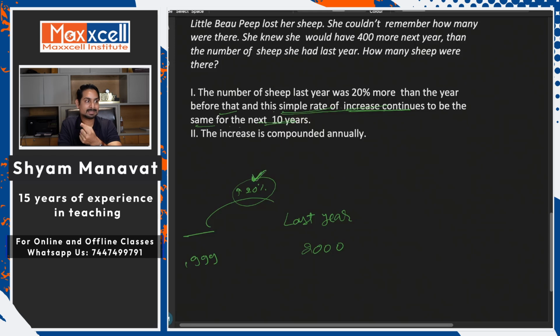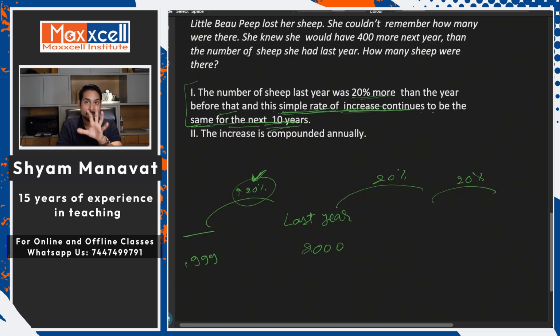The 20% increase continues to be there same as next 10 years. Do you find this information enough? Can we say that every year it is going to increase by 20%? This simple rate of increase will remain same.